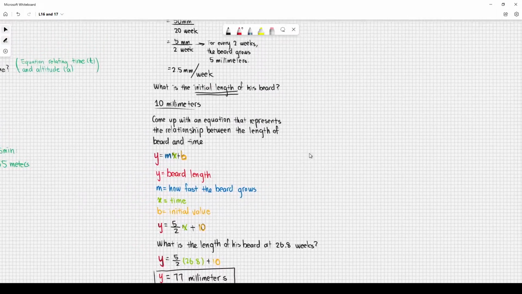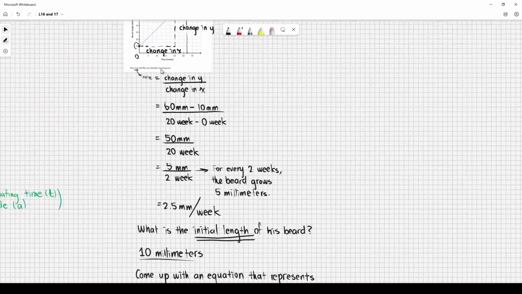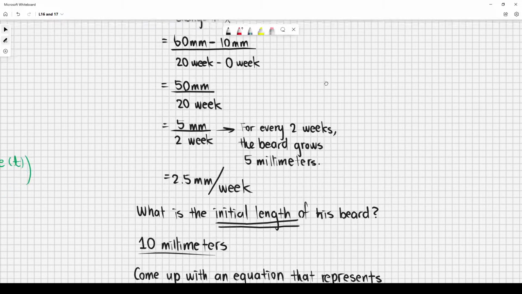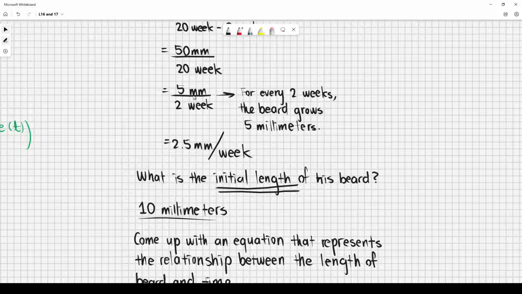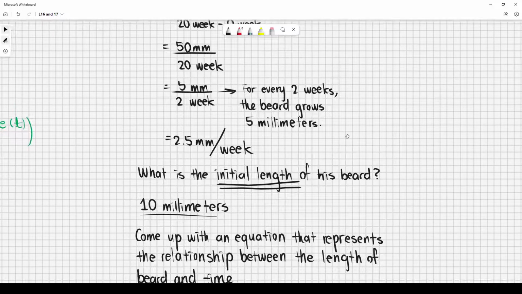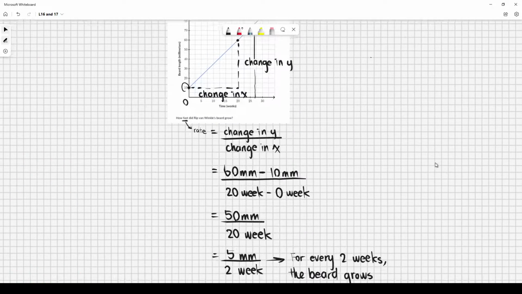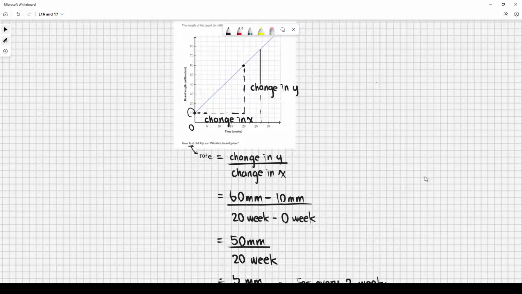But just to recap, initially it was how fast, so that's a rate. For rate, you find the slope, and it was 5 millimeters per 2 weeks. And then we talked about the initial length, so that's an initial value, the y-intercept, so that's 10 millimeters, just seen directly from the graph.